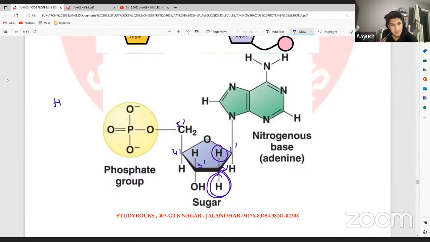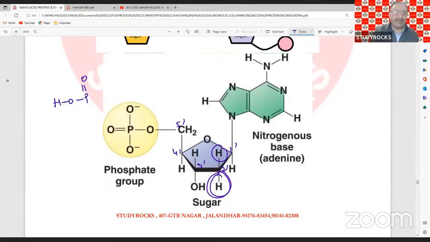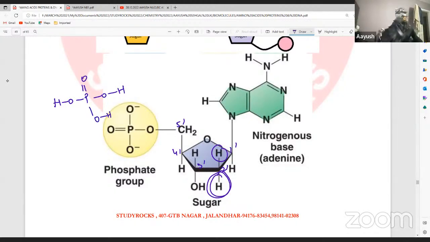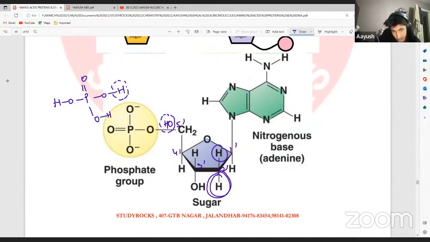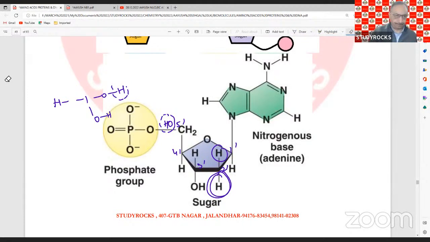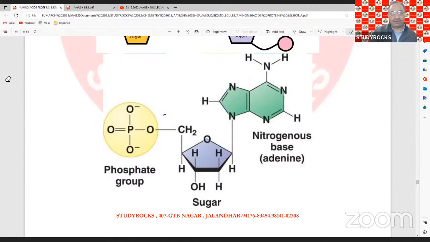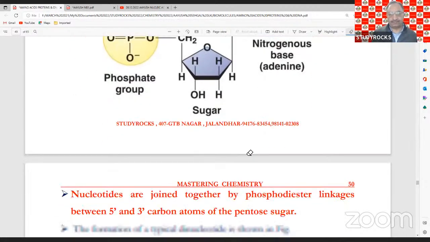You know the structure of phosphoric acid? It is H3PO4. So what happens? The OH part of sugar combines with H of phosphoric acid, and the bond is formed. Got it? So these three components together make one nucleotide: nitrogen base, sugar, and phosphate.